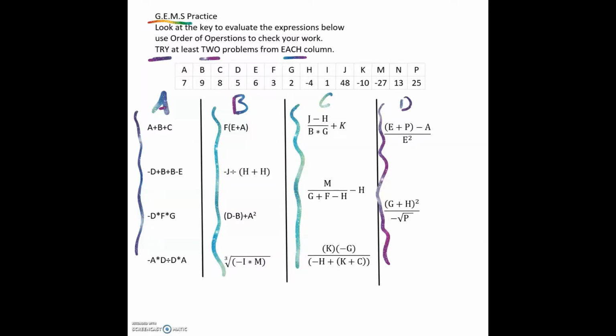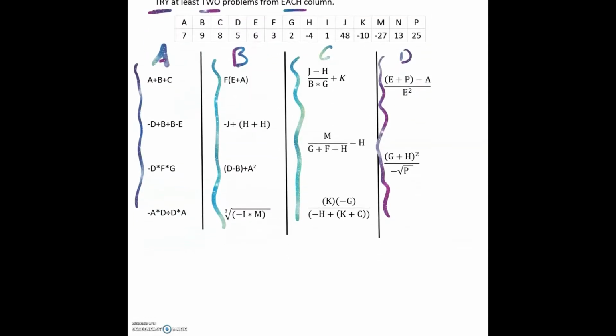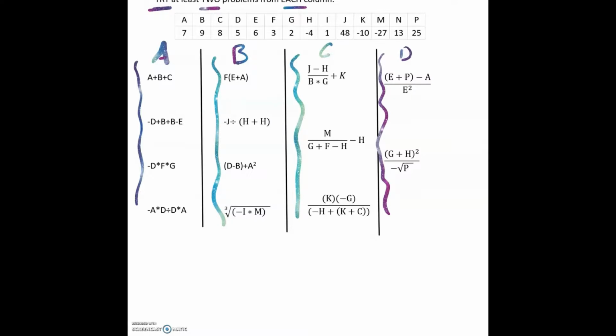Give myself a little bit more room. I am going to do this problem. I'm going to show you how to do this. So this says A plus B plus C. And now I have to figure out what A plus B plus C is.